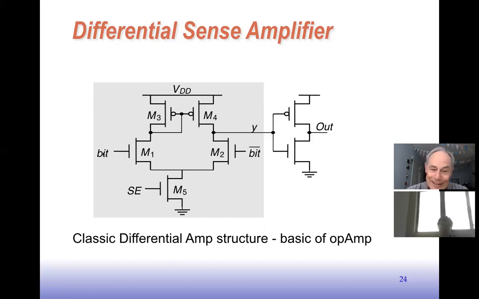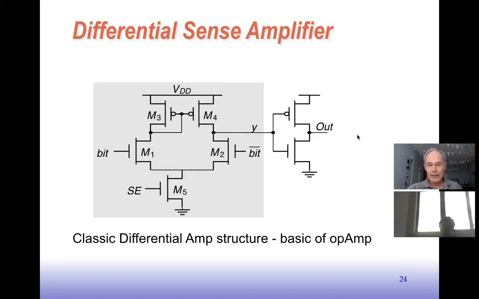It's just a circuit that can take a voltage difference between B and B bar and produce a large voltage on Y. So if there's a small positive voltage between bit and bit bar, Y will be close to VDD, and if there's a voltage going the other way, opposite direction, Y will be close to ground. And then we put it through an inverter to clean it up.